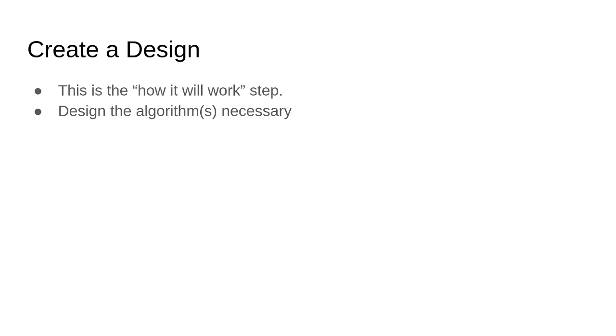This is the level at which you might start to create diagrams of the flow between different parts of your program. This is the level at which you might start to think through what are the important function names that you're going to need, and generally what will those functions do. Again, still not touching code, but this might be the point where you start to write some pseudocode for an algorithm, for example.